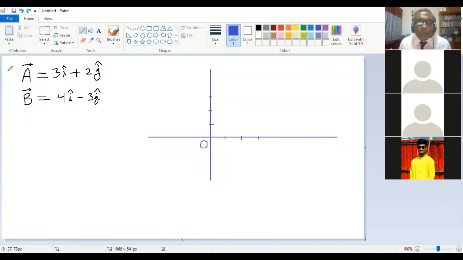So for a vector, it is 3 units right side and 2 units up. So this is the end point. So what is the starting point? Starting point is always 0, 0 point, and ending point may be different. It depends on the vector given.